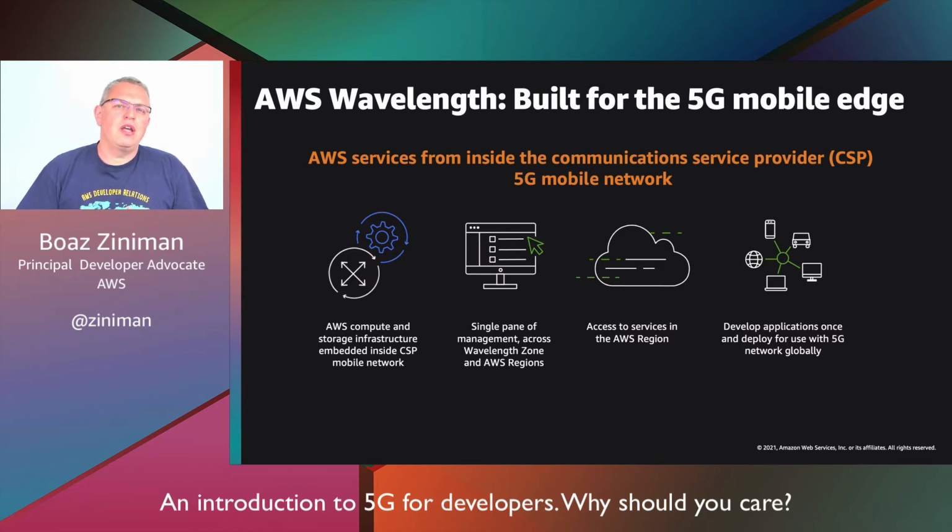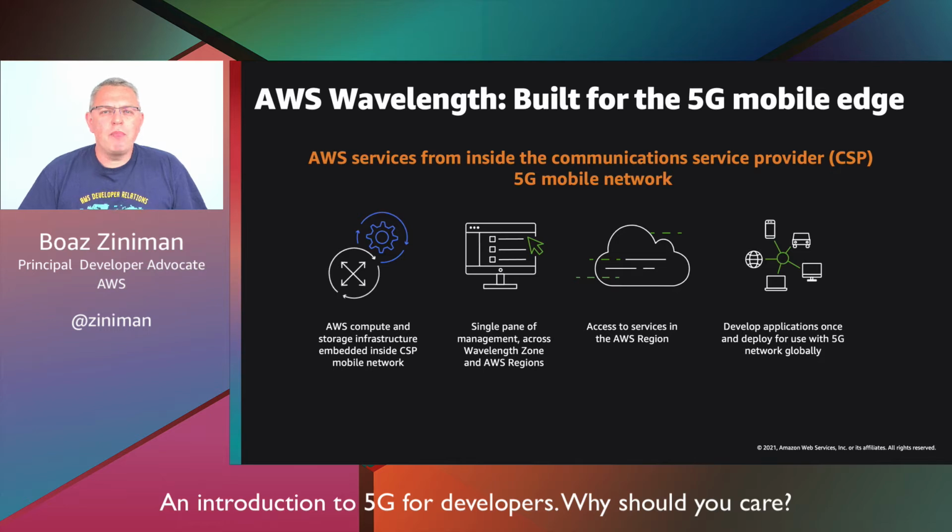The 5G access network is directly connected to the Wavelength Zone through a construct called carrier gateway, allowing mobile devices to access the instances in the Wavelength Zone without going to the internet. And this is changing dramatically the way your clients are going to connect to your application.